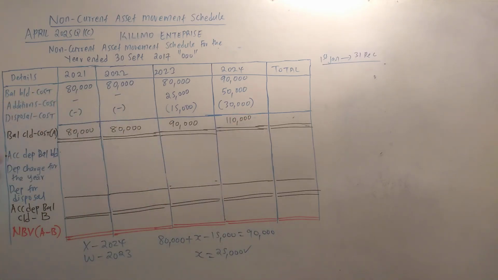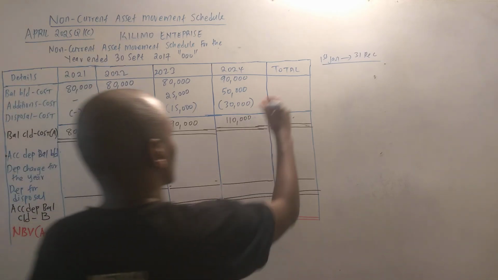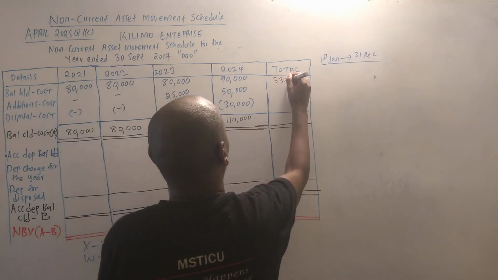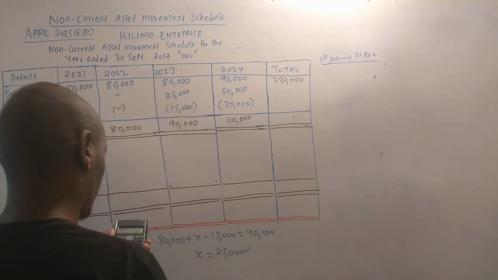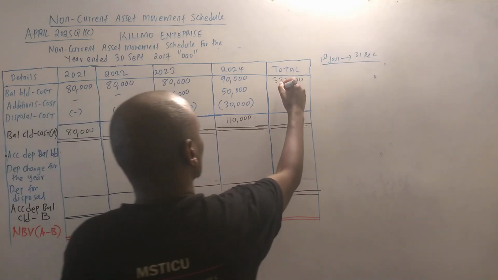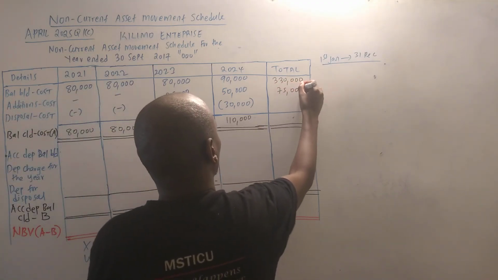Now you can find the total. It is not necessary, but let us just put 80 plus 80 plus 80 plus 90. This one is 330. Then 25 plus 50 is 75,000.